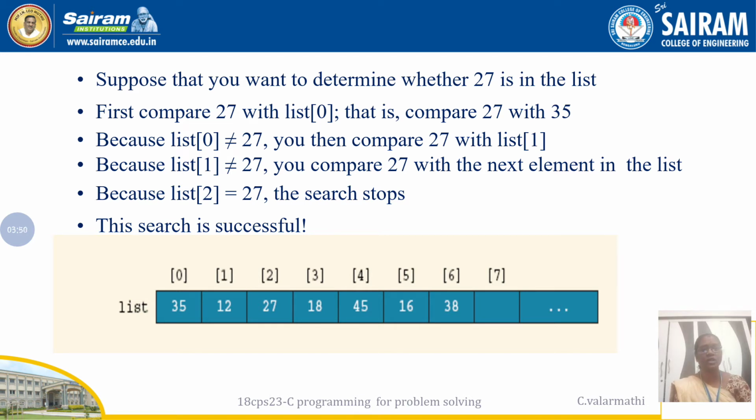It's not equal, so I will go with the third element. The third element is 27, and my searching element is also 27. So at the third comparison I found the searching element. At the third location I found it, so my searching is successful. Like that I will report.